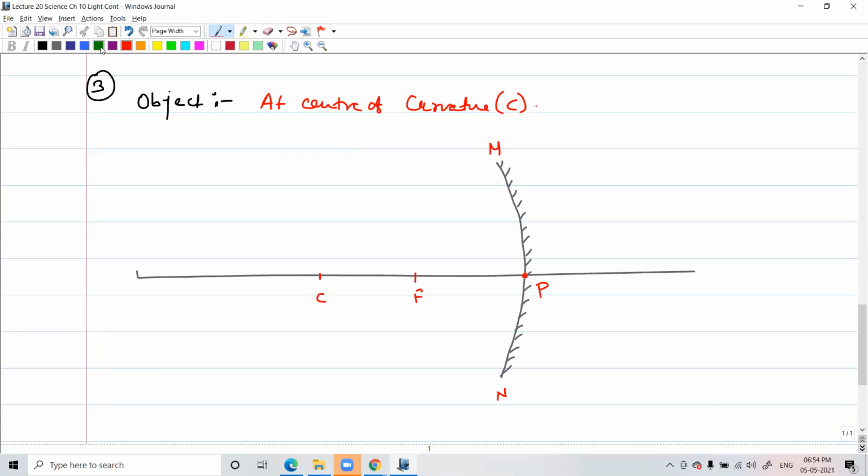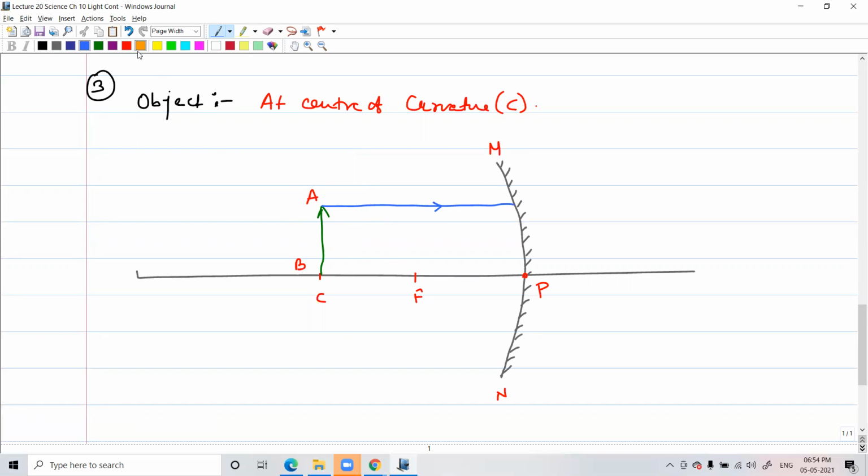Okay. So now I'm going to put the object exactly at C. And I'm going to call it AB. So this is A. What should I do now, guys? How should I throw the light? Again, we'll consider one point at a time. A, the head. I'll throw the light parallel.